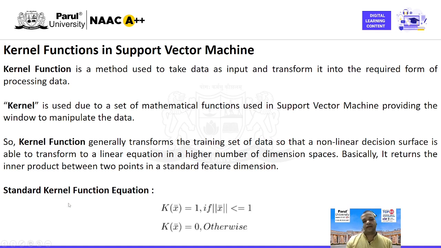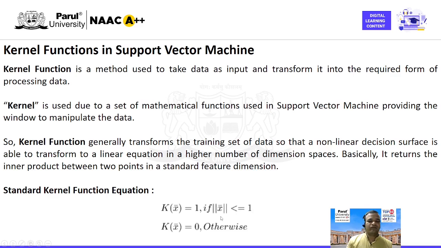So there are some mathematical equations which represent the kernel function. Firstly, we discuss the standard kernel function equation. Just observe here: k of x bar equals 1 if mod of x is less than or equal to 1.